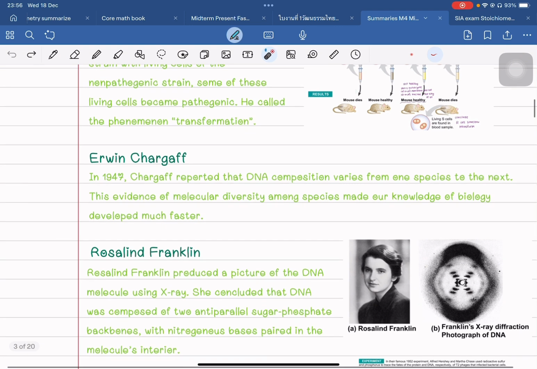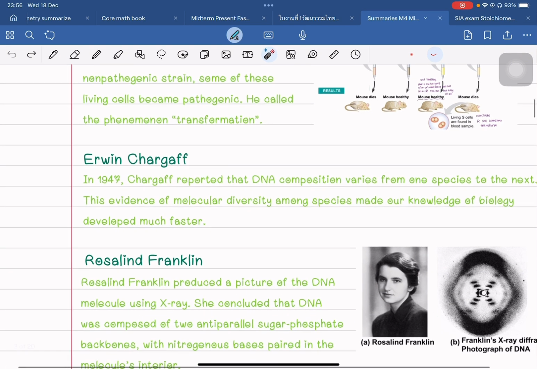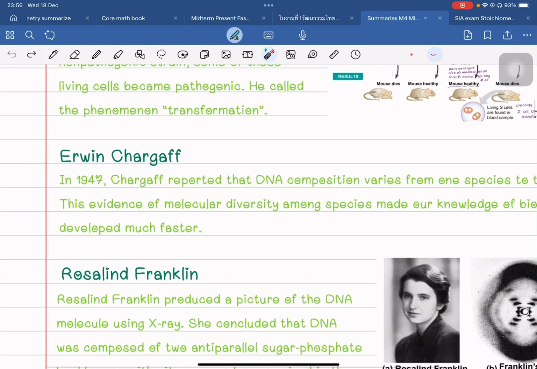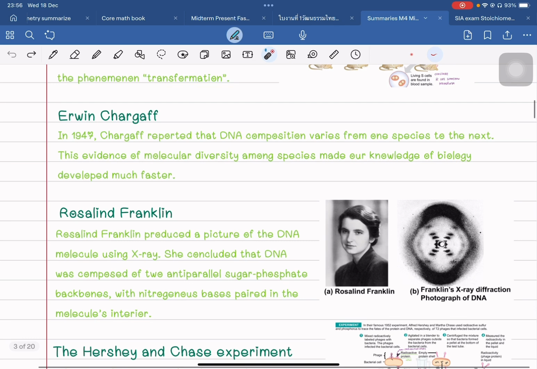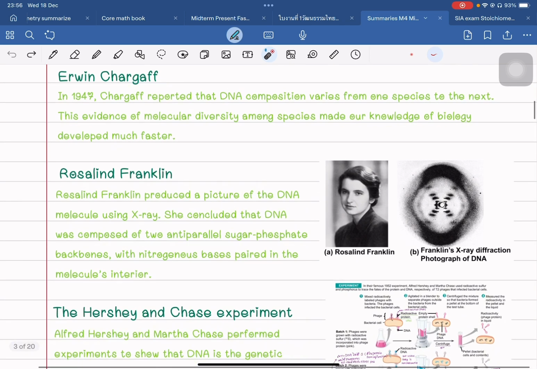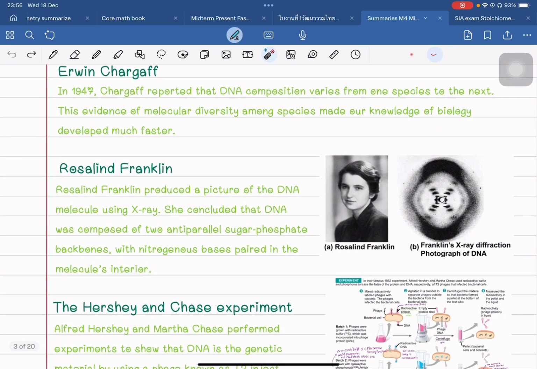Next is Erwin Chargaff. In 1947, Chargaff reported that DNA composition varies from one species to the next. This evidence of molecular diversity among species made our knowledge of biology develop much faster. The next person is Rosalind Franklin.